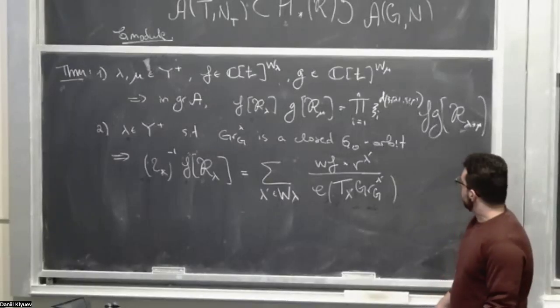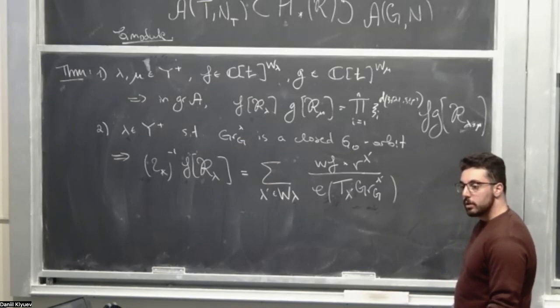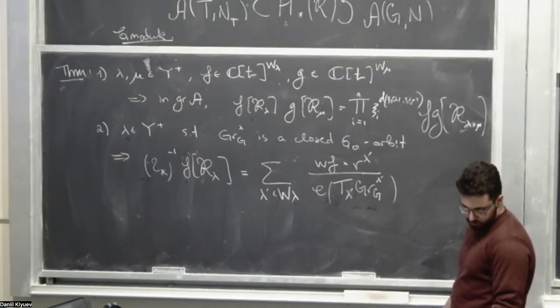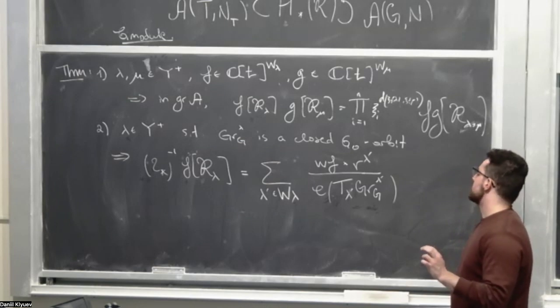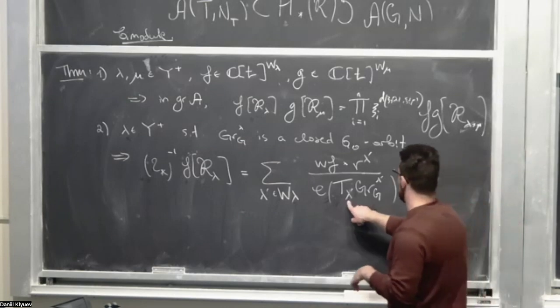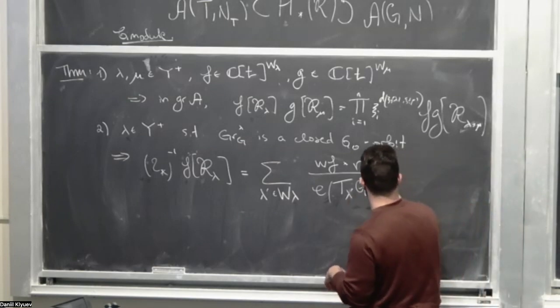What is G lambda prime? Is it a T right now? The lambda prime is not necessarily dominant. Oh, second. Yeah, that doesn't mean anything. Oh, I think I just mean tangent to this point of Gr lambda.